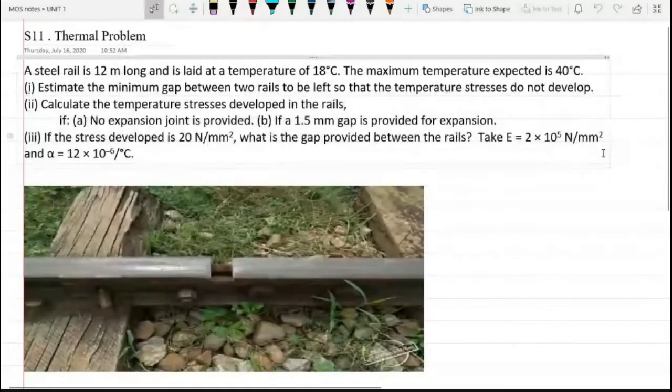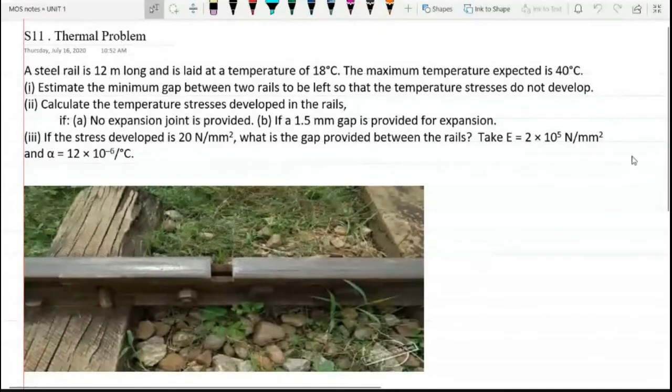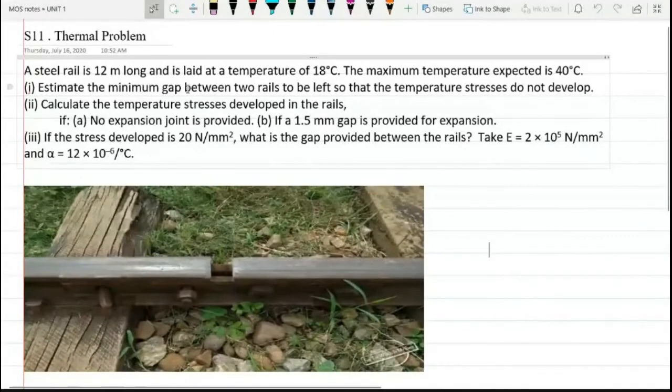And now let me consider this problem. This is one application oriented problem. You have a steel rail which is 12 meter long and is laid at a temperature of 18 degrees centigrade. It is expected that you will have a maximum temperature of 40 degrees centigrade. In that case, you have to identify the minimum gap between two rails to be left so that there is no stress formed.